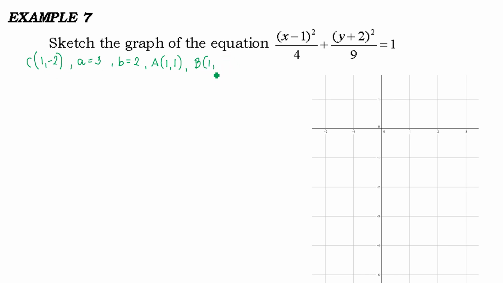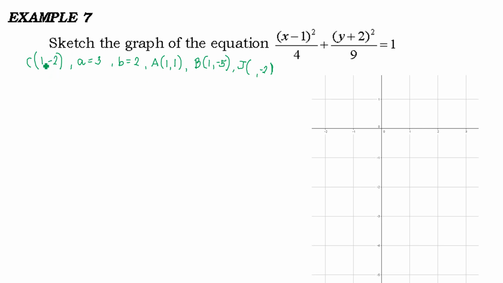Okay. For our co-vertex, let's say our J, we are just going to copy the y-coordinate of the center. So, we have negative 2. So, dito naman, the x-coordinate of the center would be added by the B, which is 2.